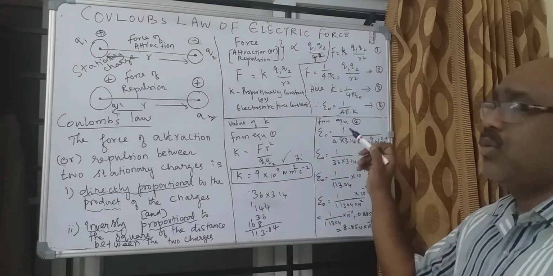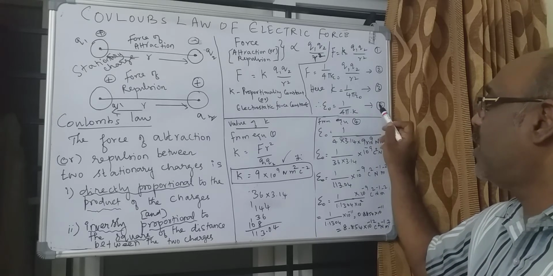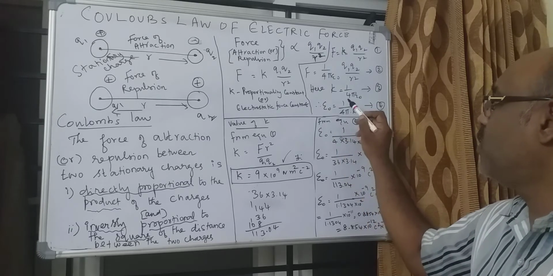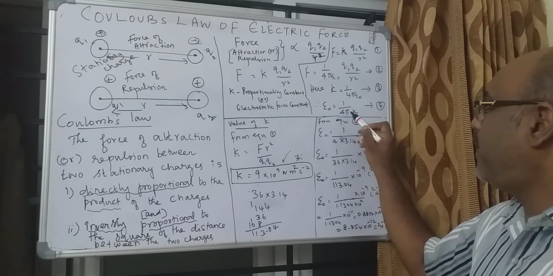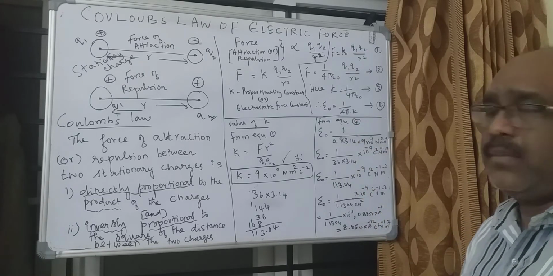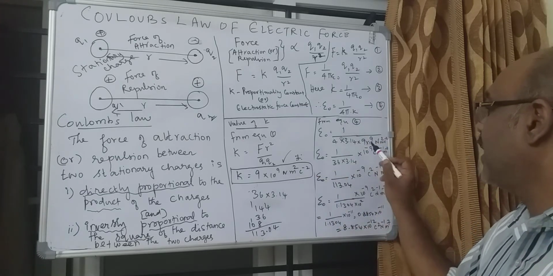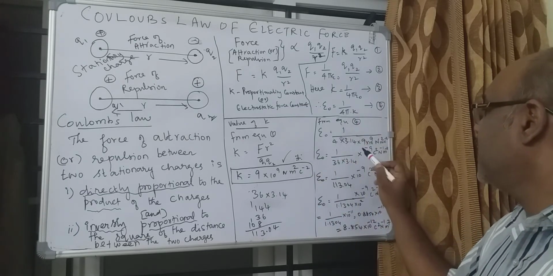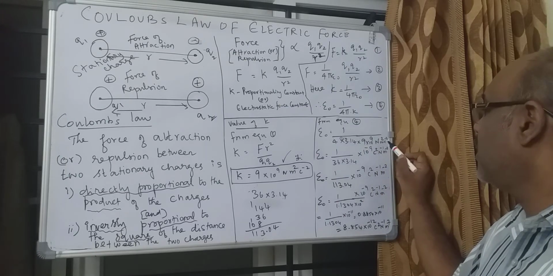Let us now come to this part, that is taking the equation 4 now. Epsilon naught is equal to 1 divided by 4. For pi I am writing 3.14 and for k I am substituting this value. So, k is equal to 9 into 10 to the power 9 Newton meter square Coulomb minus 2.